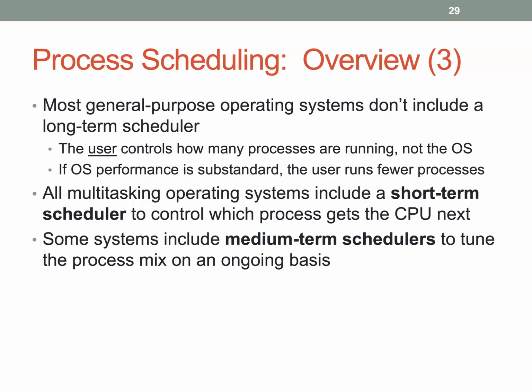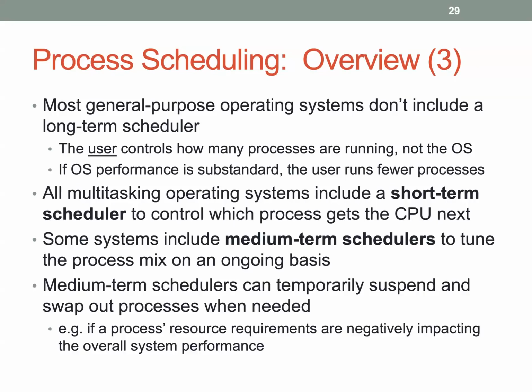Or, hey, this process seems to be I/O bound a lot, so I'm going to resume scheduling it, or resume inclusion, so that I can more fully utilize the compute hardware. Again, we don't tend to have medium-term schedulers in our computers.